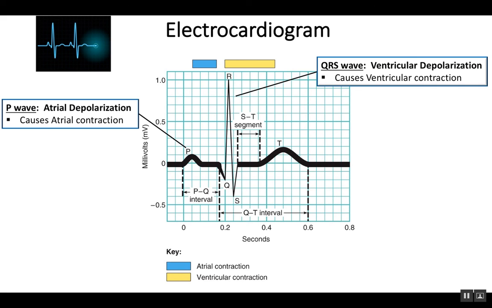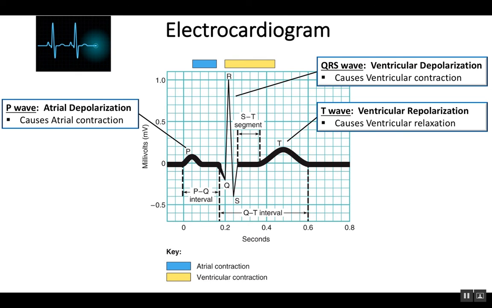But the QRS represents ventricular depolarization, and then following that QRS, you would assume that the ventricles are going to be contracting. So this yellow bar represents the time interval that the ventricles are contracting. And then finally, the T wave represents ventricular repolarization. Now, repolarization, if you remember, is when a cell, or in this case tissue, goes back to rest.